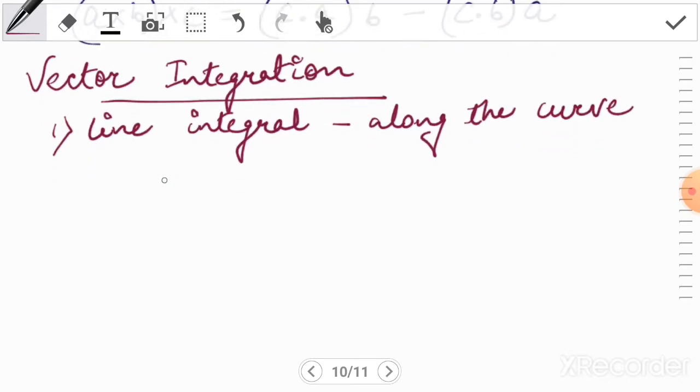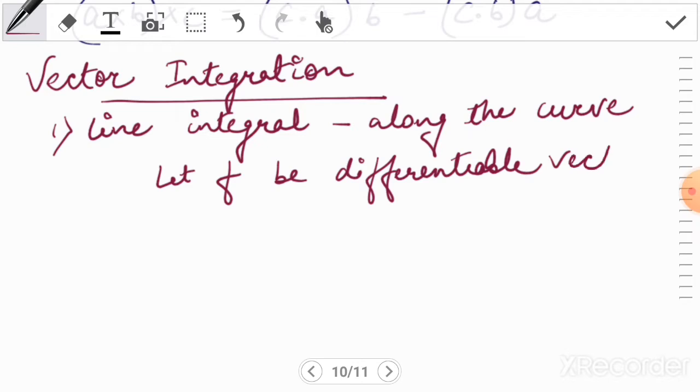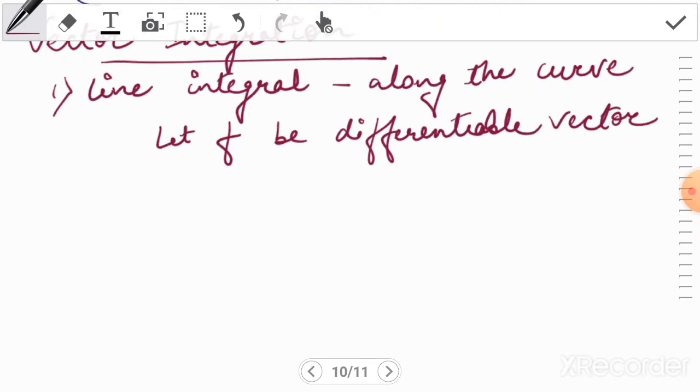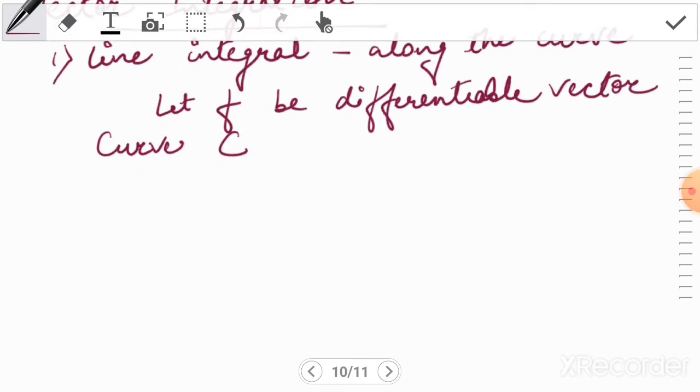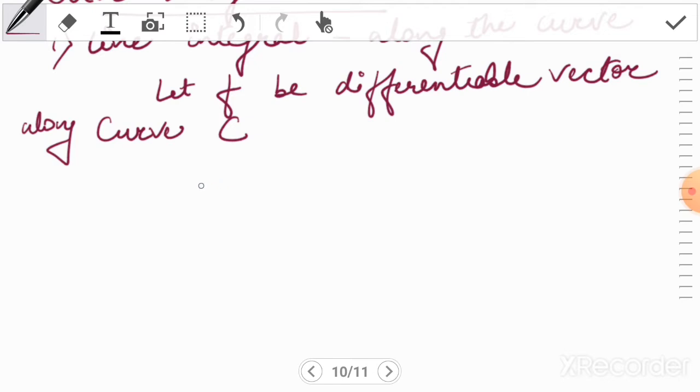So let f be any differentiable vector function defined along the curve C, then the line integral of f is defined by integral over C of f dot dr.